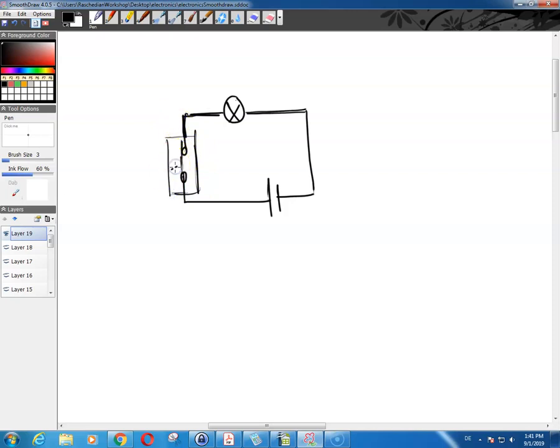This is a closed switch right now. So when the switch is closed, the total current of the circuit is flowing through the switch, and then the lamp is turned on, of course.